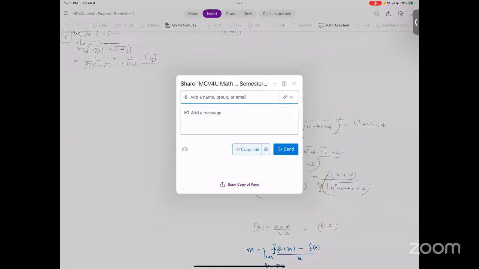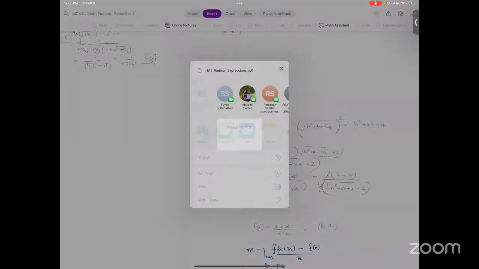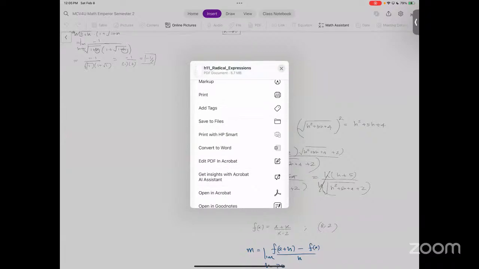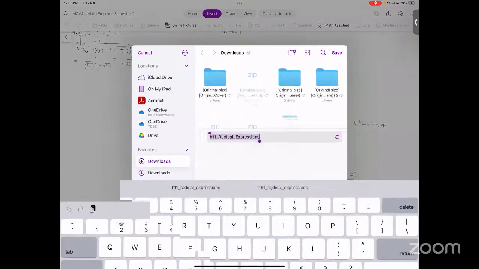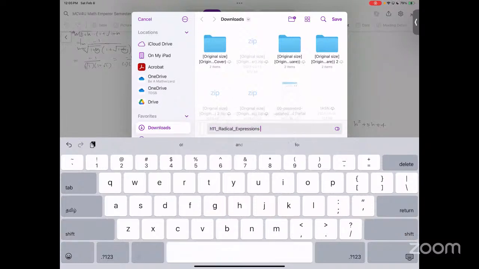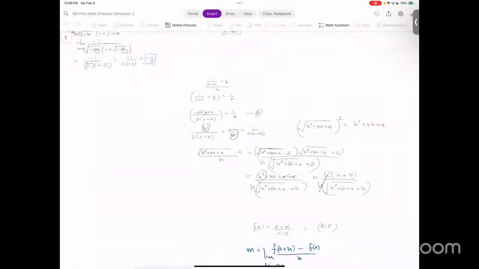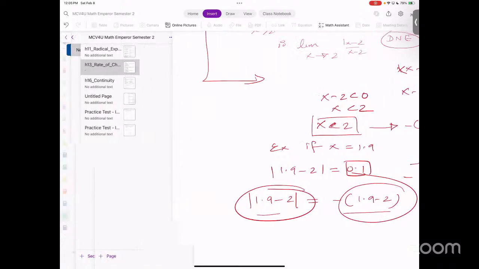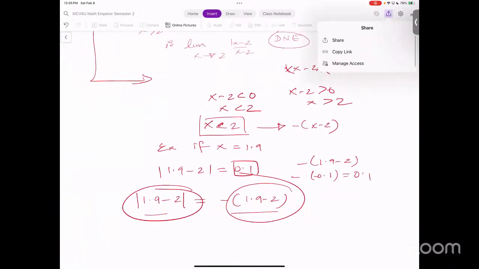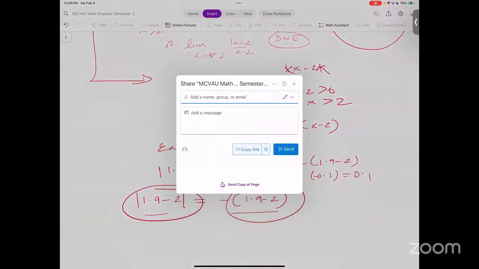I'm going to send you a copy of these pages. Here and there the OneNote glitches for me, cutting off when you're presenting. Okay, I'm just going to repost my handwritten work as a PDF file.